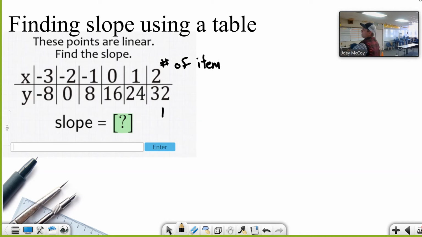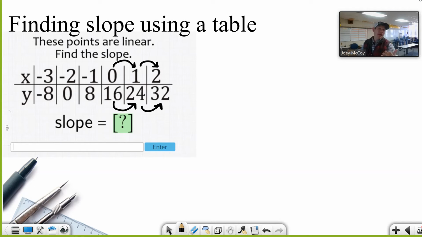And oftentimes, this y value is going to be the cost or the reaction. This has to do with dependent and independent variables, the action and the reaction, okay? And I give you that because that helps us understand how things are growing in real life. So in this problem, what we need to look at is how much is this table growing? How much is the y value growing?